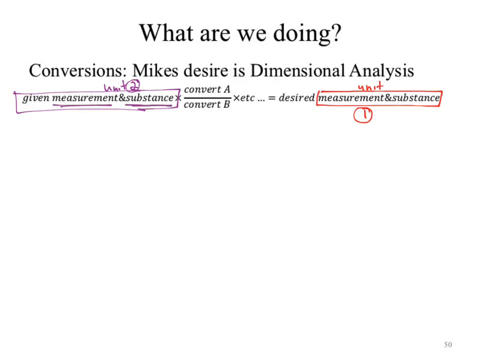And I can compare step 1 and step 2 and say, did the measurement change? Did the substance change? That gets me an idea of what I need to do in that individual conversion part. But as a unit, I have to cancel the whole thing. I can't cancel parts of it. Kind of, sort of? Okay, so that is our basic process.